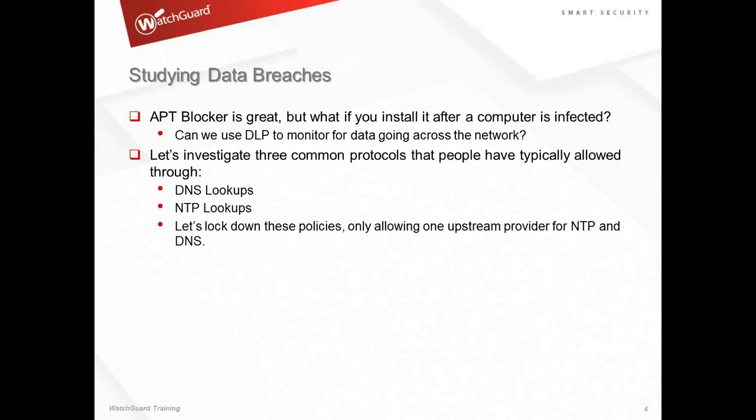Now, when we talk about people converting over from an ASA to a WatchGuard, most times it's a very open system coming from an ASA. You're looking at maybe a whitelist. Now we're going to be looking at essentially restricting everything and allowing only a few policies to get through.